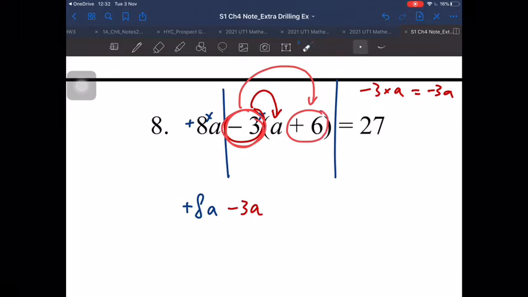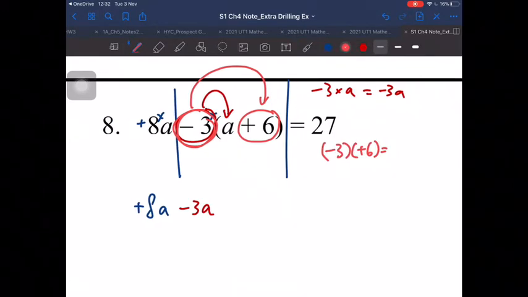So that means negative 3 times positive 6. So what's the answer here? Negative times positive will be negative. 3 times 6 will be 18. So it will be negative 18. So therefore, it's equal to 27.